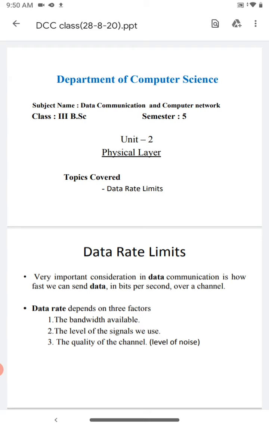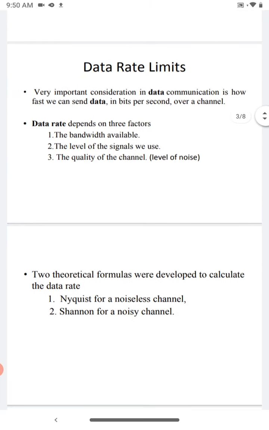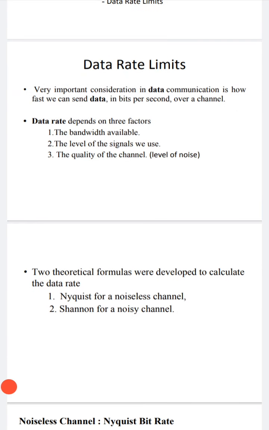In this class, we are going to discuss data rate limits. So what is data rate limits? When you send and receive data through data communication, a very important question is how fast we can send the data in bits per second over the channel. The data rate depends on three factors.